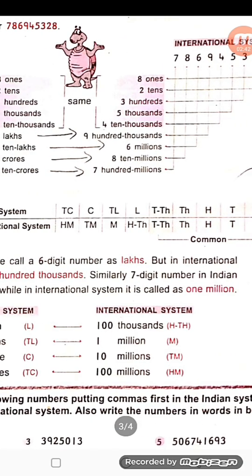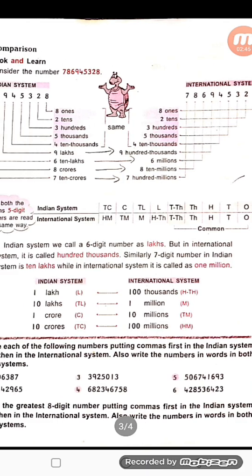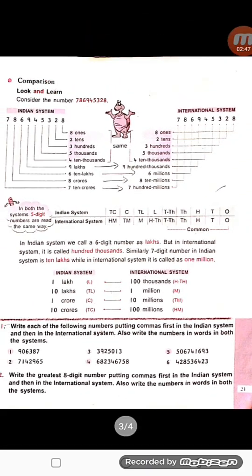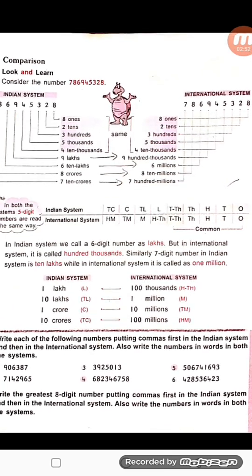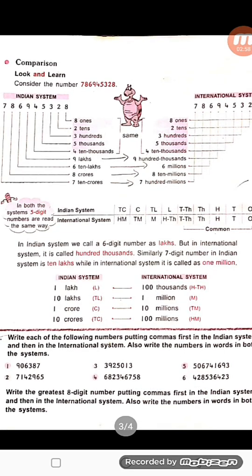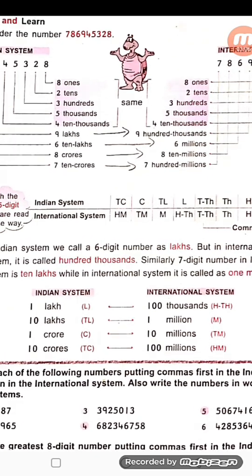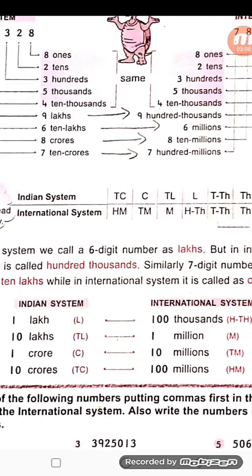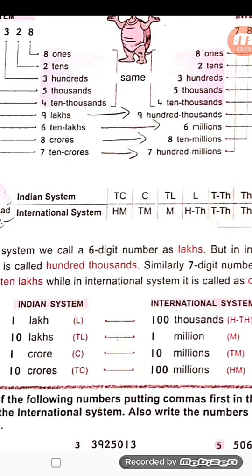Now, at the bottom of this page, there are some terms given which compare each other. 1 lakh of the Indian system equals 100,000 of the international system. 10 lakhs of the Indian system is 1 million in the international system. 1 crore equals 10 million of the international system.